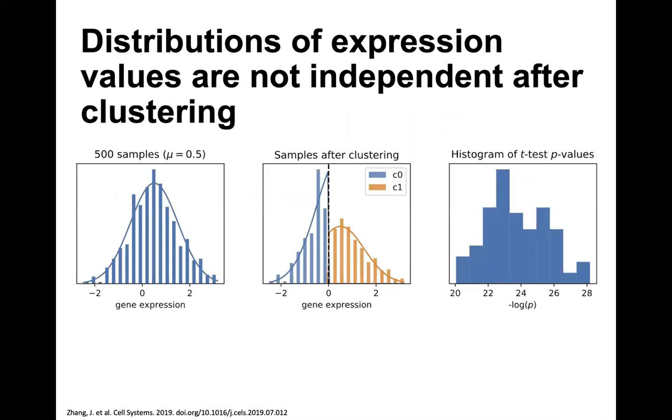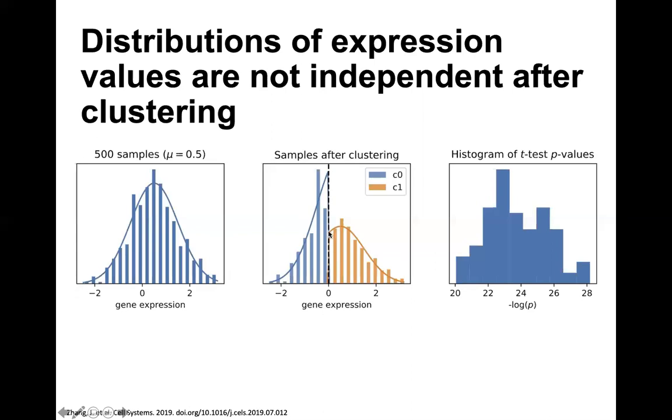And the clusters are almost always defined based off of one of the variables that you're going to use for differential expression testing. Imagine that this is 500 samples of a normal distribution, and imagine that this is the gene. Then we cluster the data, so you get one cluster here and one cluster here. This is from a Cell Systems paper from 2 years ago, but you always cluster based off of the values.